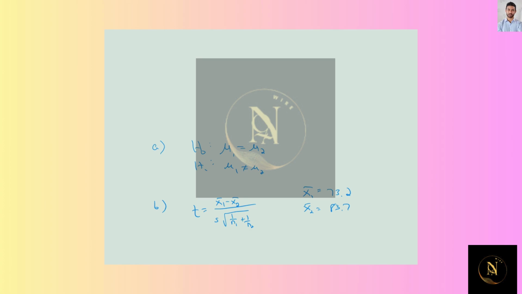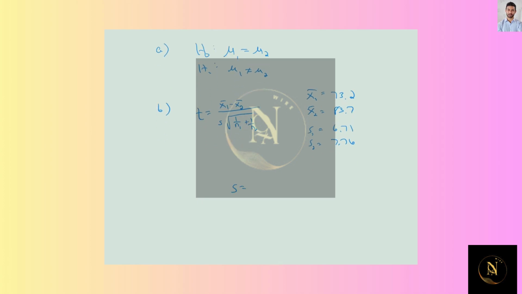The pooled standard deviation is, here's what we're going to need. We're going to need the standard deviations from the two groups too, which is 6.71 and 7.76 is what I get for the calculation. And both sample sizes are 10.